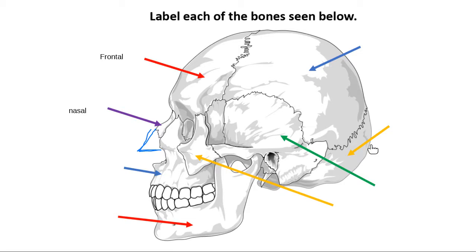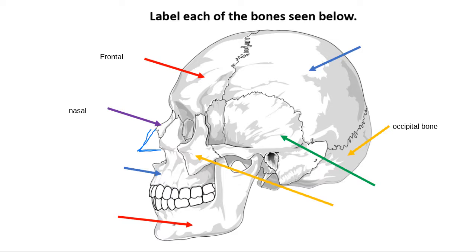Let's go to the back of the head, because that is a regional term as well. What's the name of the bone in the back of the skull? Yeah, this one back here is the occipital bone. So the occipital region is the region of your skull in the very back, the base of the skull.